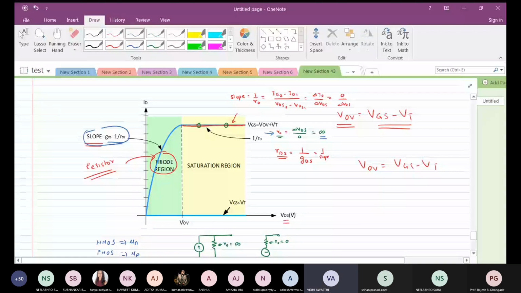You can see here that as I go here, if VDS decreases, I am going into the triode region. And in triode region, we have seen that it does not work as an amplifier. So at any cost, we have to make sure that VDS is always greater than VOV, that is nothing but VGS minus VT. That was the condition, no?